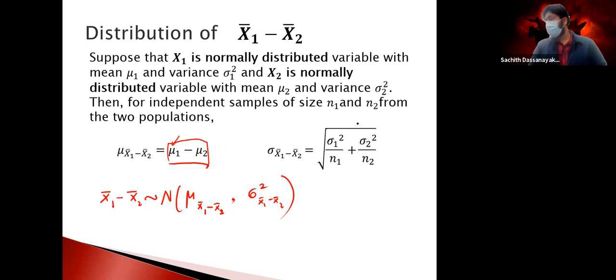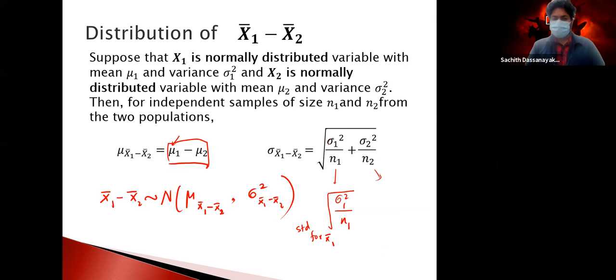This one, the square root of sigma 1 squared over n1, is what? Standard deviation for x1, not x1, x1 bar. Remember, I showed you a few seconds ago. This belongs to the second sample. So it's like summation of those two.